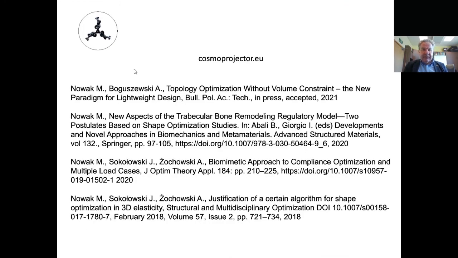If you want to find more presentations or information about this method, please look at the Cosmo Project EU website, where you can find some information about this method, some presentations concerning the aircraft industry, and so on. Thank you very much for your attention. If you have any questions, I will be happy to answer them.